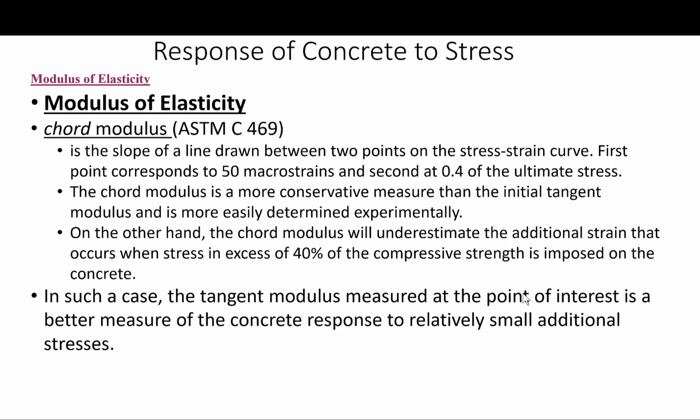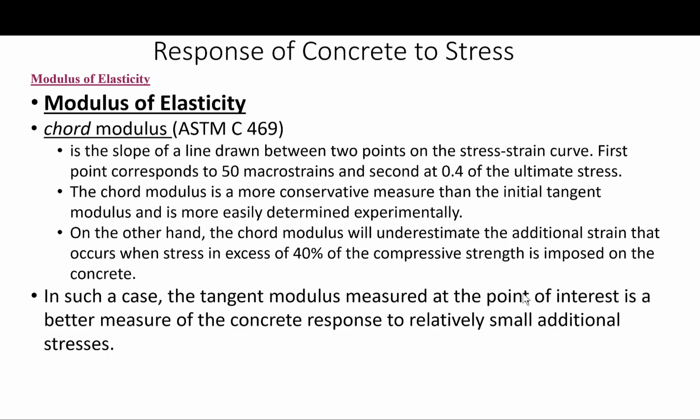So the initial tangent modulus typically corresponds to the slope of the curve at 50 microstrains. This strain is used as the lower limit of the chord modulus, to avoid any error in the initial portion of the stress strain curve.